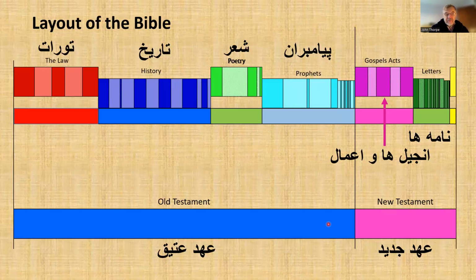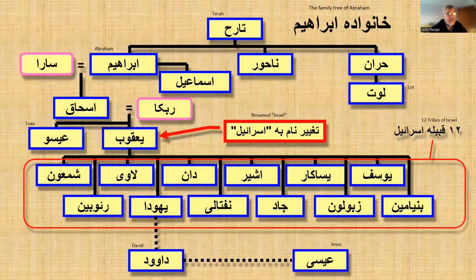And it covers mainly the history of one family of people. And that's the family of Abraham.